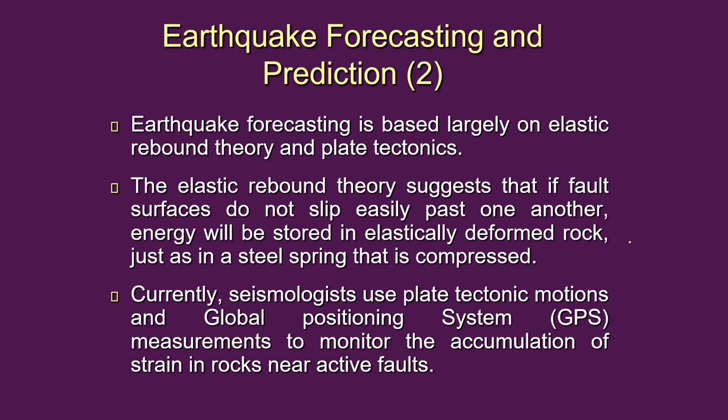So, for example, if you take a layer here and you keep deforming it, you are having this stress here, you can say sigma 1 is there, then it will start deforming. This deformation is what we are talking about, related to your elastic rebound theory.